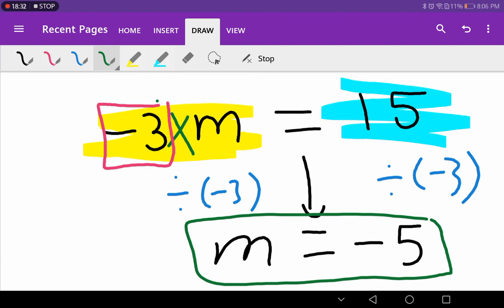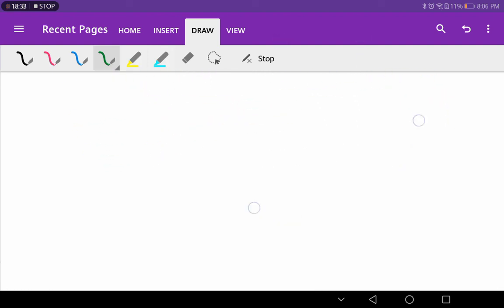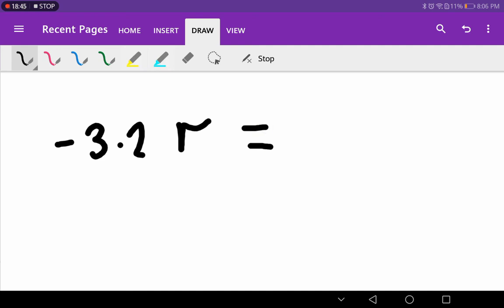Okay, my dear students? One more example for my beautiful students. If I do like this, negative 3.2r equals, for example, 8. How can we do this? Let's go.